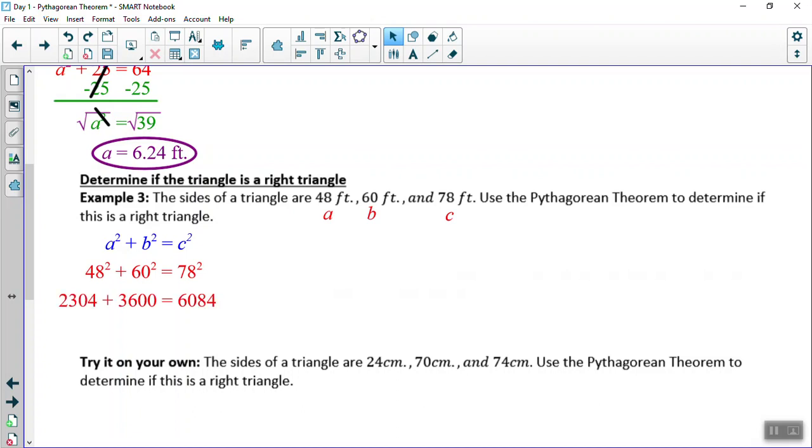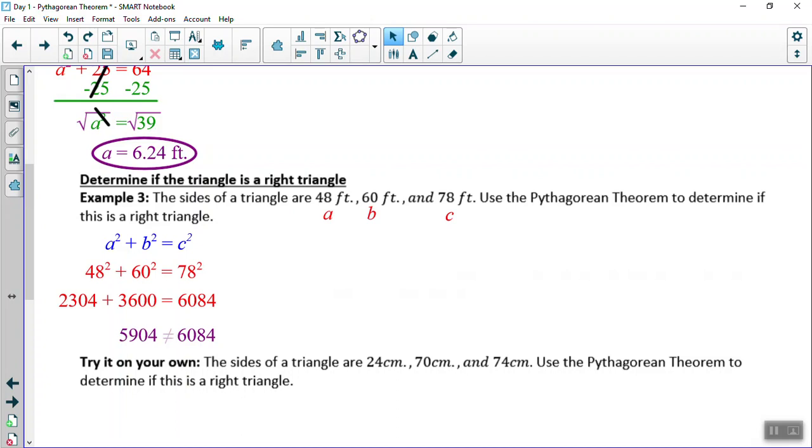So 48 squared is 2,304, 60 squared is 3,600, and 78 squared is 6,084. So what we're looking for is if these two here will add up to 6,084. So we add them up and we find that 2,004 plus 3,600 is equal to 5,904.